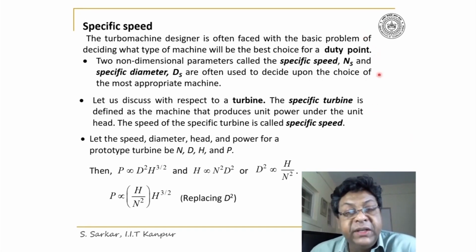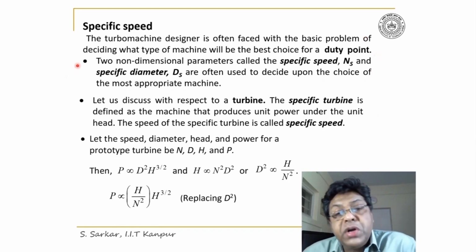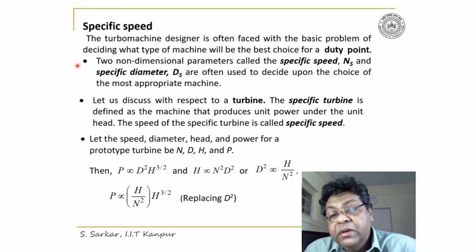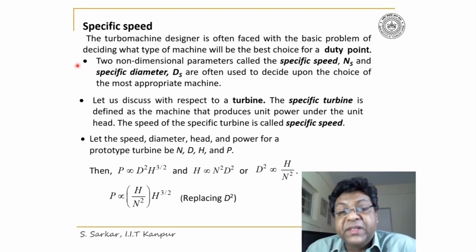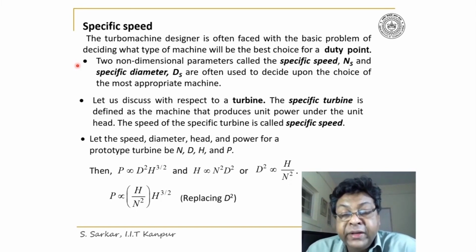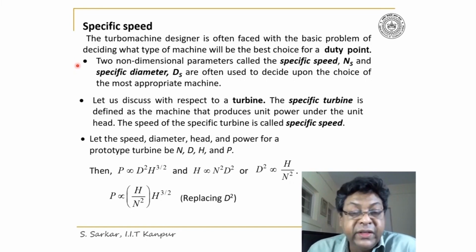With respect to this, the two non-dimensional parameters called the specific speed ns and the specific diameter ds are often used to decide the appropriate machines which will provide the maximum possible efficiency for the design condition.